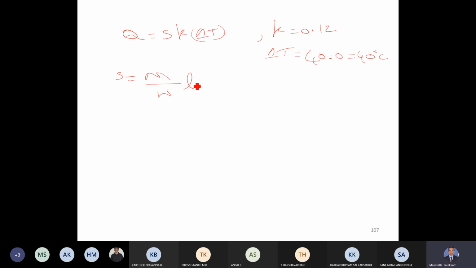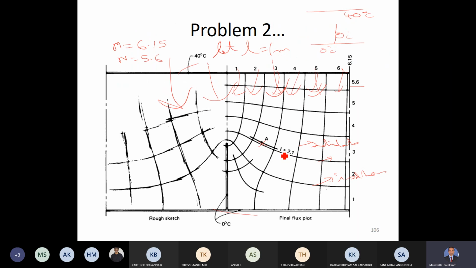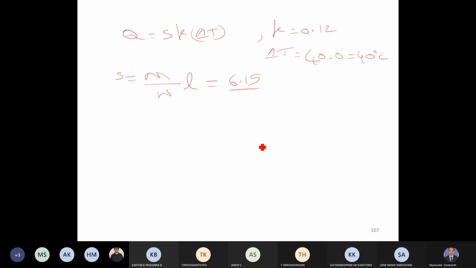So S is M L by N, where M is 6.15, N is 5.6 and L is 1.